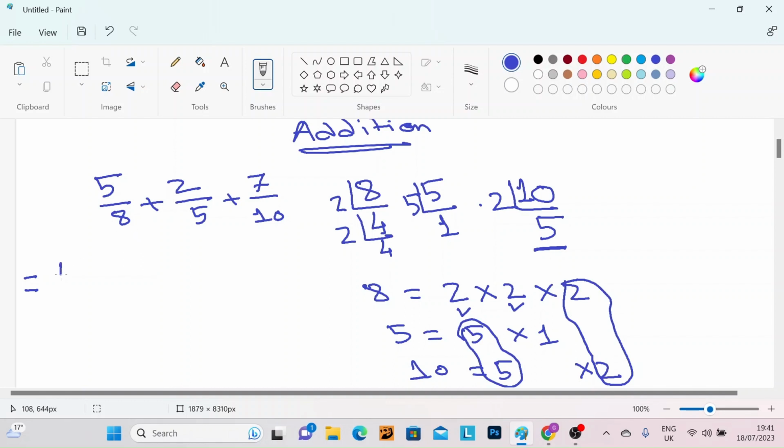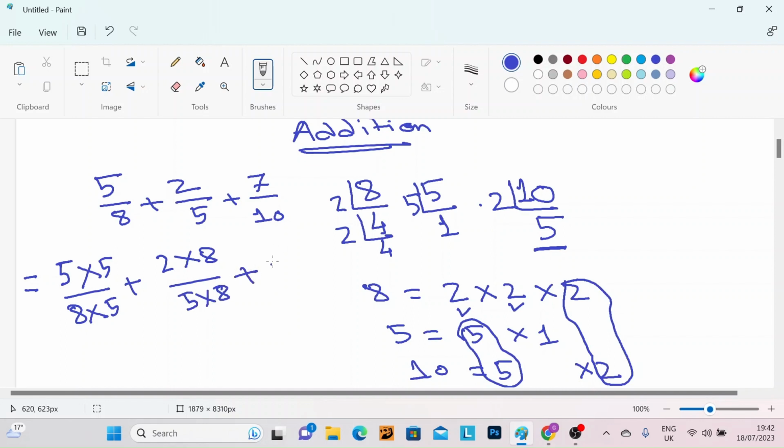So we multiply the existing numerator and denominator by 5. For 2 by 5, the denominator is 5 and the LCM is 40. If we divide 40 by 5, we get 8. So we can write 2 times 8.